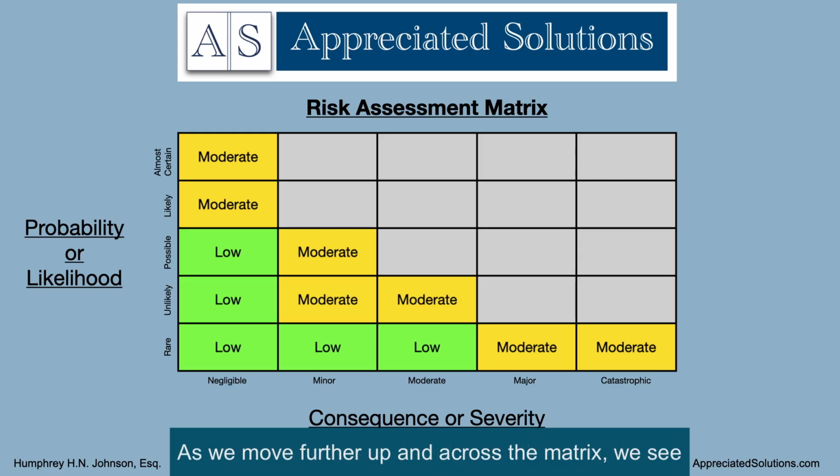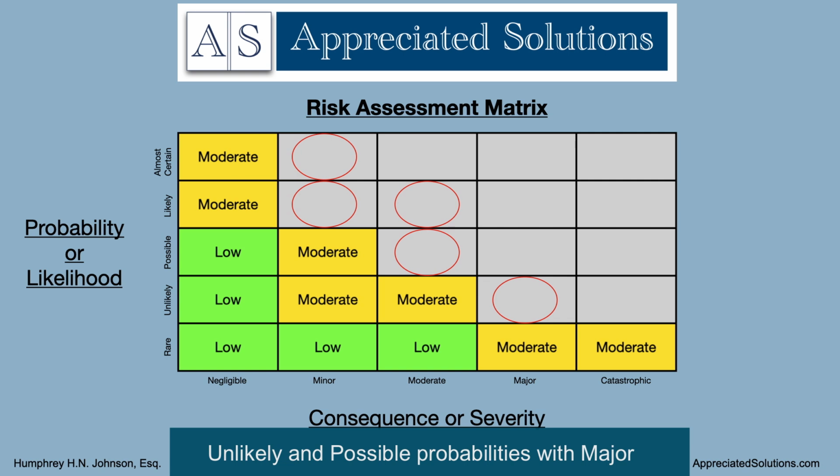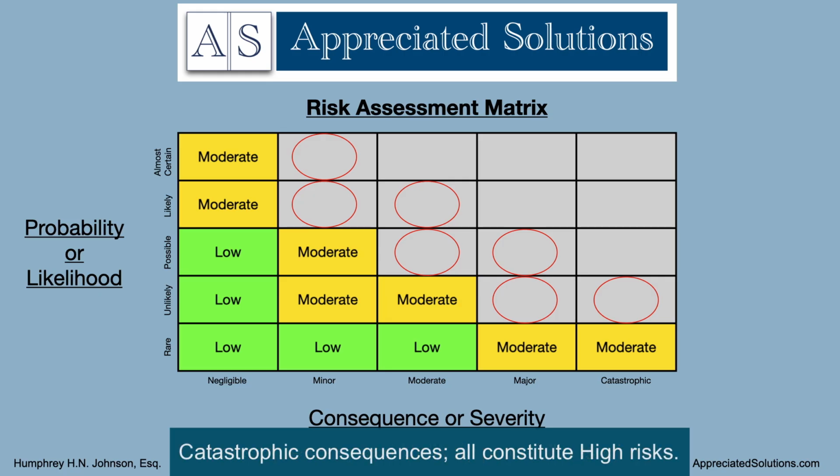As we move further up and across the matrix, we see the combinations of likely and almost certain probabilities with minor consequences, possible and likely probabilities with moderate consequences, unlikely and possible probabilities with major consequences, and unlikely probabilities with catastrophic consequences all constitute high risks.